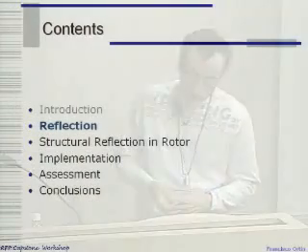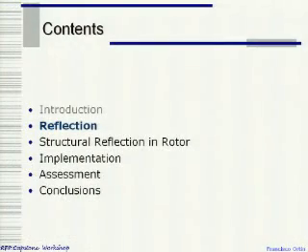So the main objective of our project has been to extend Rotor with structural reflective primitives, to evaluate the feasibility of making the CLI a platform to directly support the reflective primitives of dynamic languages, and also to evaluate the performance cost and performance benefits of using the Rotor just-in-time compiler.